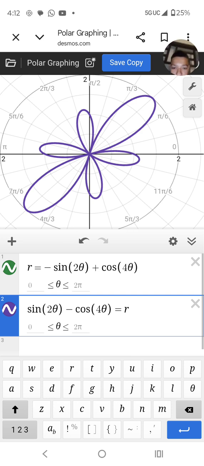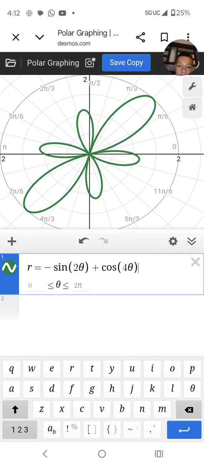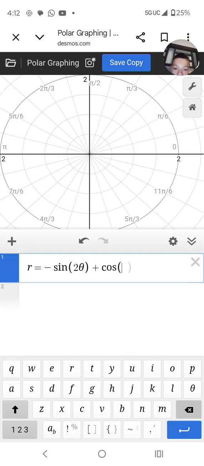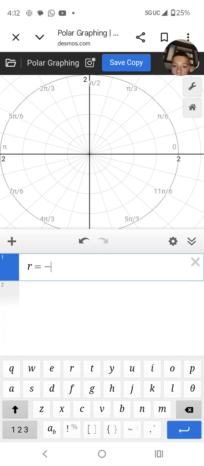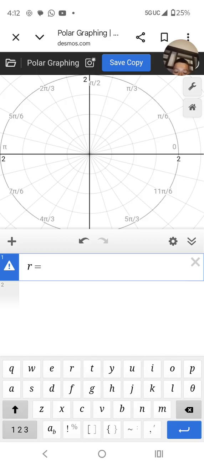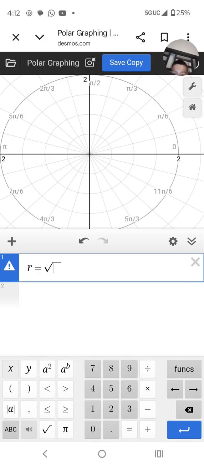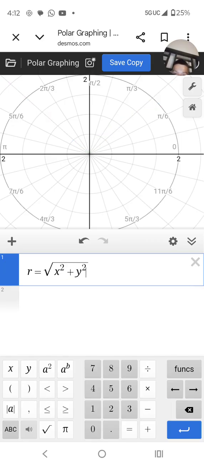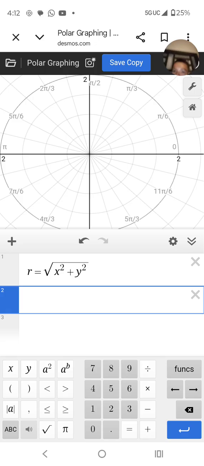It's the same thing in polar coordinates. So to convert Cartesian coordinates to polar, r equals the square root of x squared plus y squared. That is to convert polar to Cartesian and vice versa.